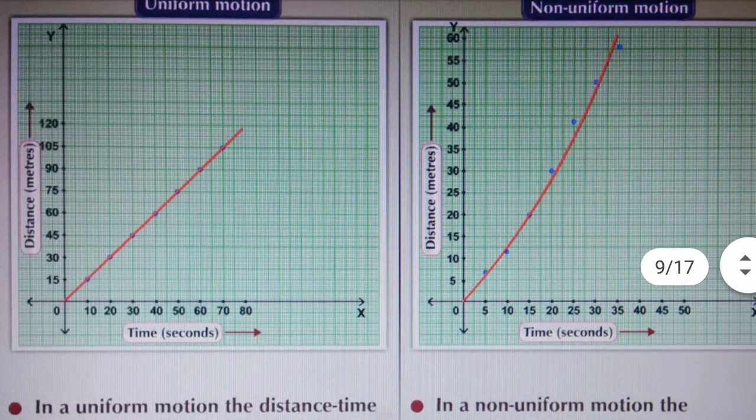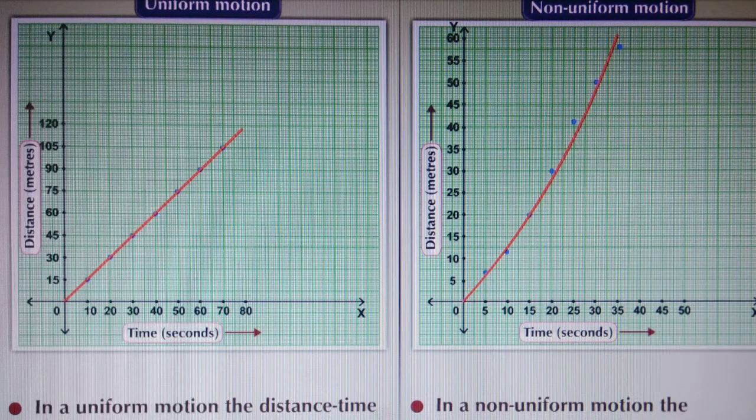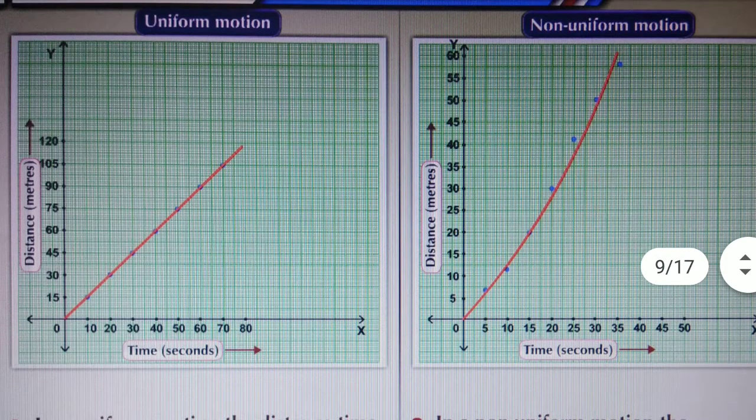In the previous example, we studied that this is the uniform motion. If time goes on increasing, the distance also goes on increasing, and therefore the graph is a straight line graph. This increase in time and distance is in proportion, and therefore uniform motion has a distance time graph as a straight line.